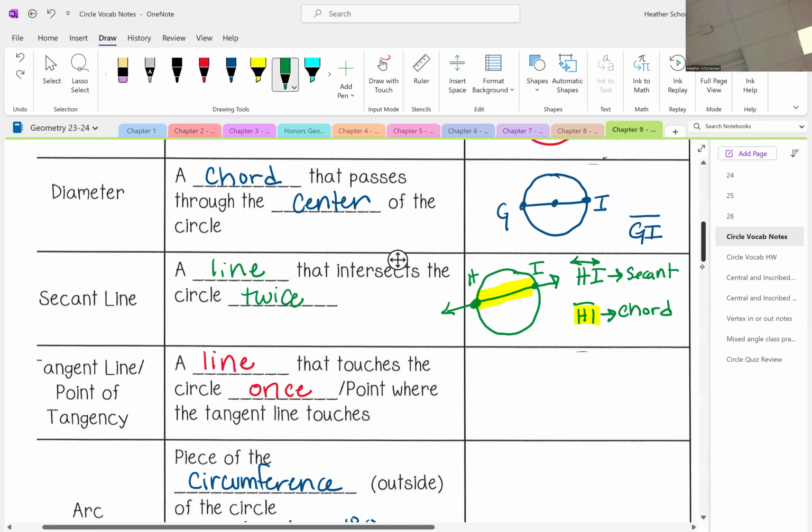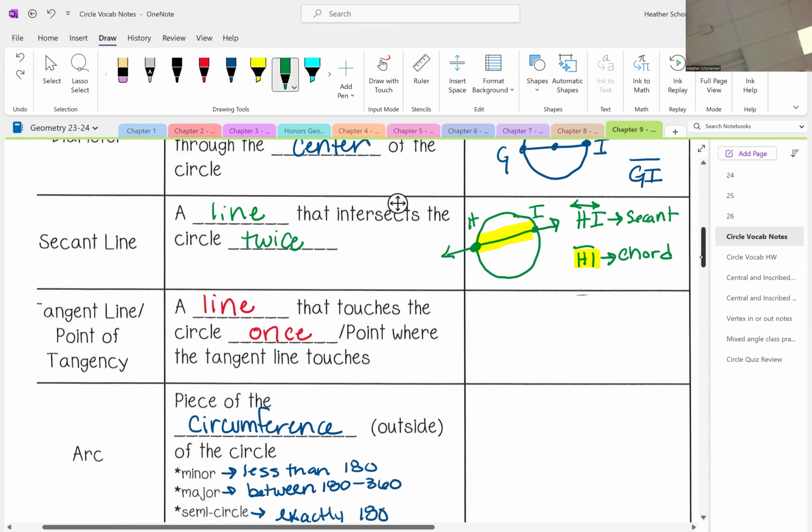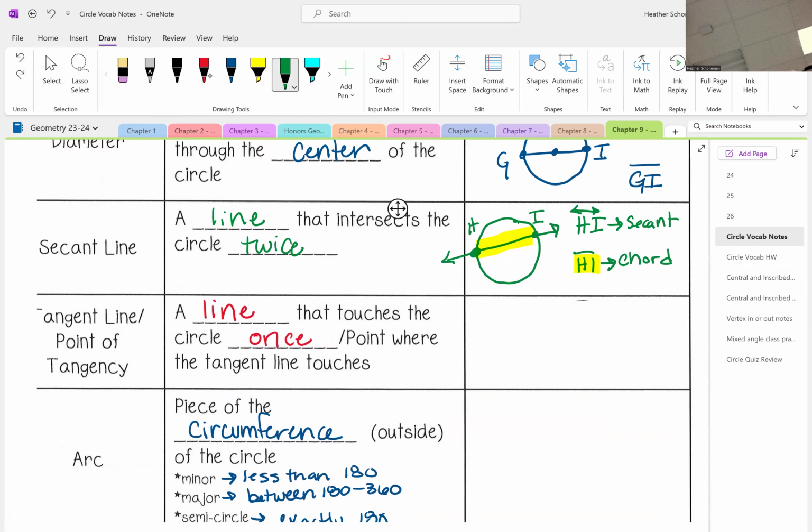Okay, let's look at a tangent line and the point of tangency. So if you have a circle, a tangent line is going to intersect the circle once. Okay, so it's only connecting one place. A secant is twice, a tangent is once.